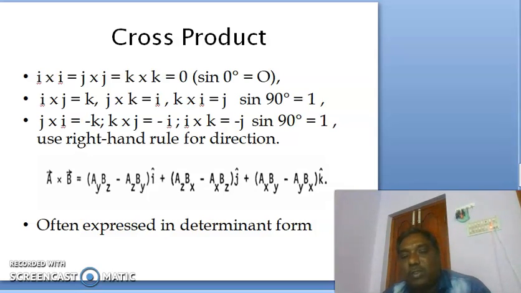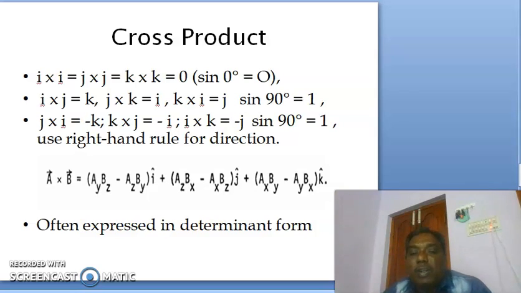Again sin theta is equal to 1, and a right hand rule is to be used for finding the direction. In this case, a vector cross b vector is given by (ay bz minus az by) i vector plus (az bx minus ax bz) j vector plus (ax by minus ay bx) k vector.